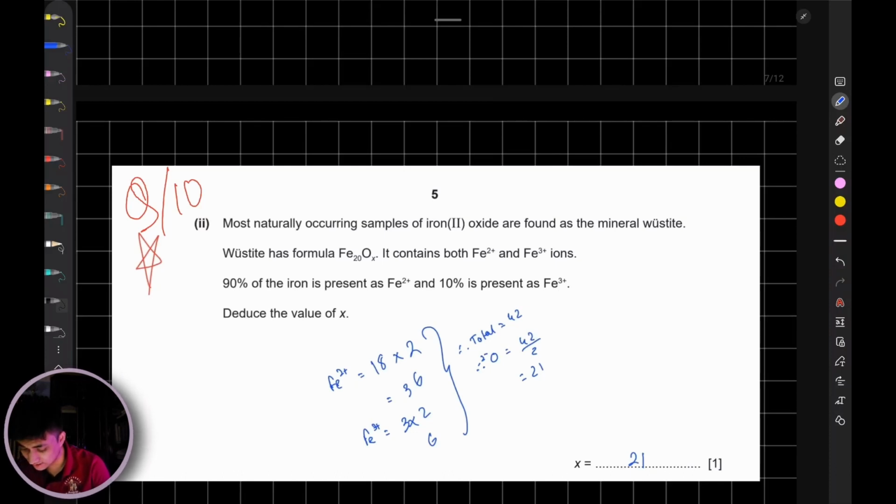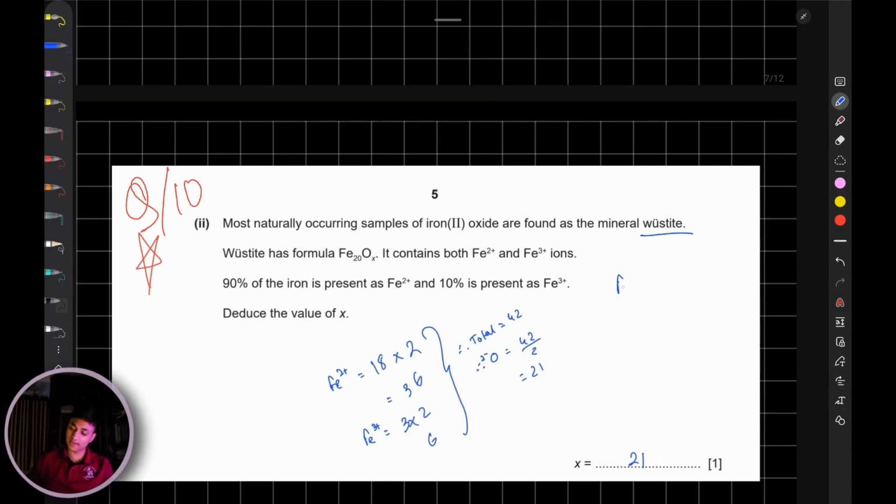Mineral wustite. I don't know what this is. Wustite has formula Fe20OX. It contains both iron 2+ and iron 3+. 90% of the iron is present as iron 2+ and 10% is present as iron 3+. Deduce the value of X.